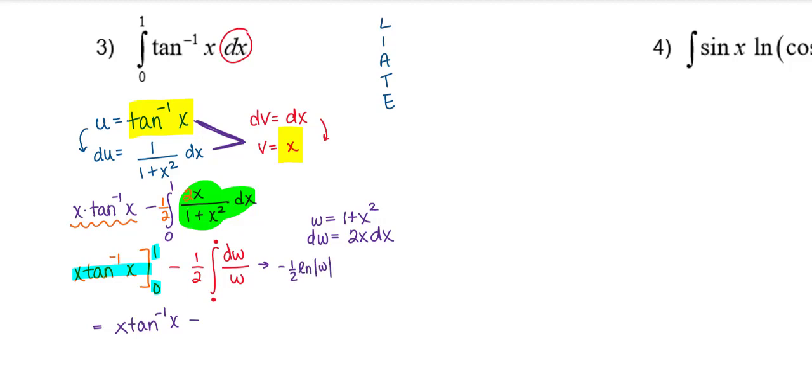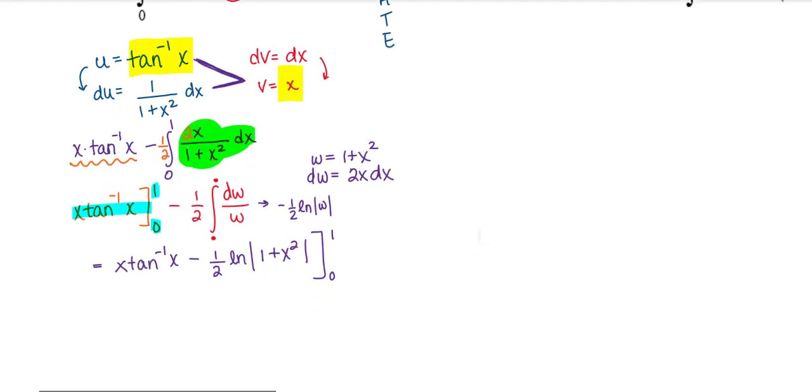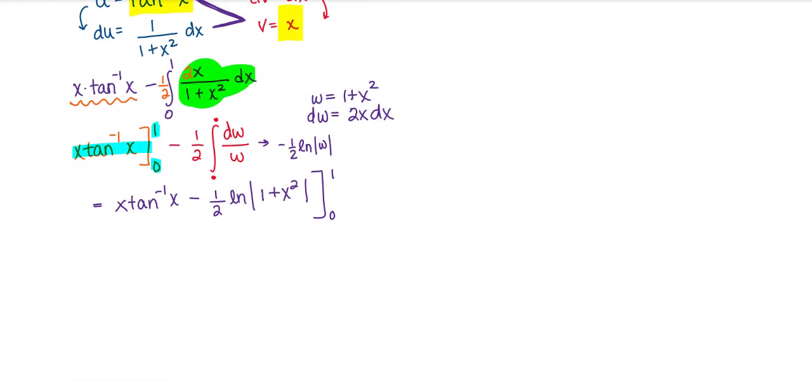That's dw over w integrates to natural log of w. So this will become 1/2 natural log of, and if you put your w back in terms of x, 1 plus x squared. And then I can just evaluate the whole thing from 0 to 1.